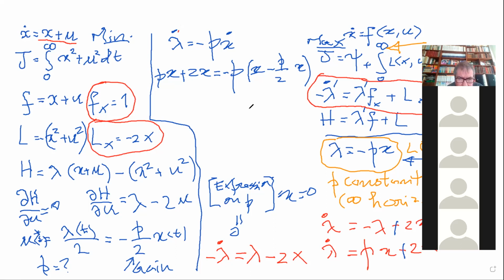There is a minus missing. px plus 2x. Do I have everything correct?